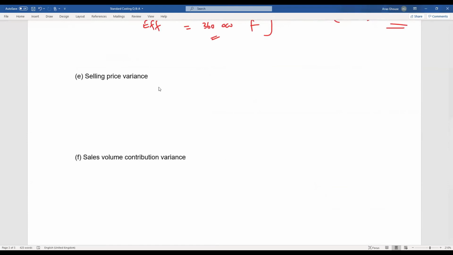okay, the actual selling price is 97,500, our planned selling price was 90,000. So therefore the difference is 7,500. Our actual units produced were 1,000.